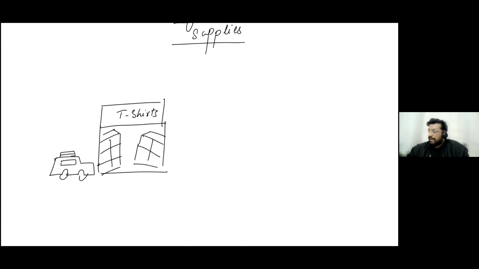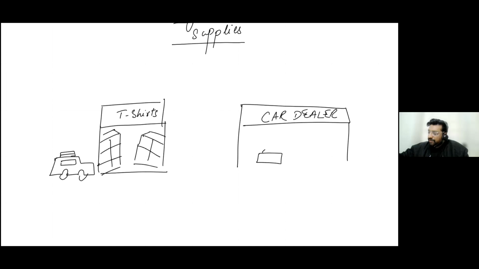Okay. Let's say there is another business and that's a car dealer. So they are dealing in cars, which means they're buying and selling cars. They have a couple of cars standing at the showroom, right? And they bought these cars because they want to resell them.